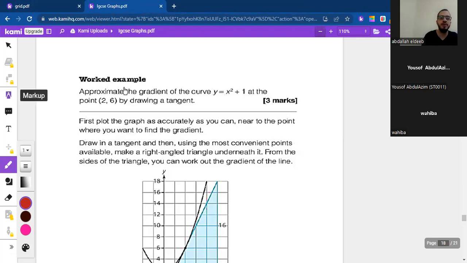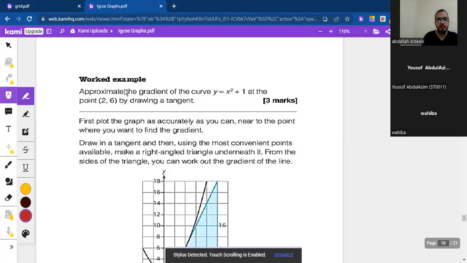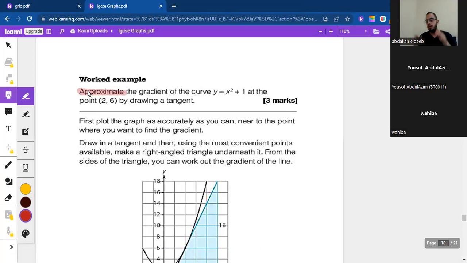The word approximate means that we have a scale. Like someone can find the answer 1.2, Yusuf finds 1.4, and both of you are correct, because this is an approximation answer.